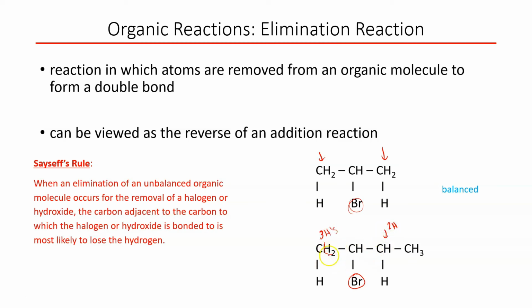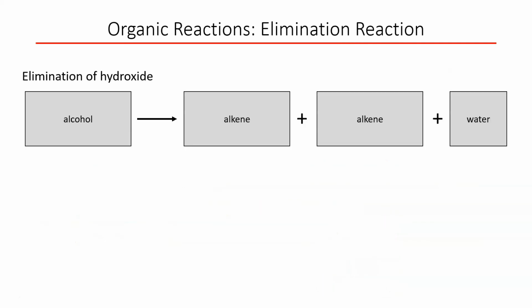So now the 2 carbons on either side of the carbon with the entity that's going to be removed are not balanced, and so I could lose a hydrogen from here or from there. And since the rich stay rich, the hydrogen-rich carbon is most likely to keep its hydrogen, so I'm more likely to lose it from here. And this only comes into play with the removal of a halogen or a hydroxide for us.